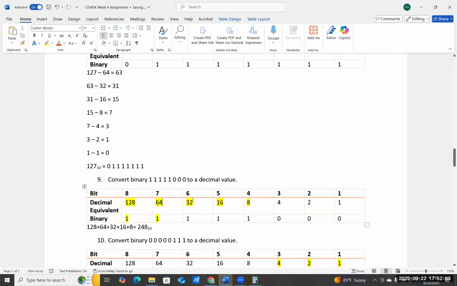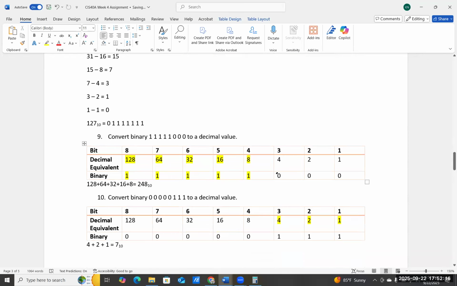I add the values that have the ones and not the values that have the 0. I don't care about those, because if it's off, it's not significant. So I would take 128 plus 64 plus 32 plus 16 plus 8 and forget the rest. And I have 248. Easy.